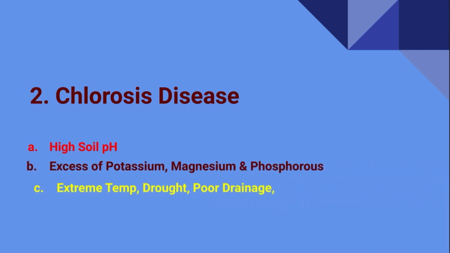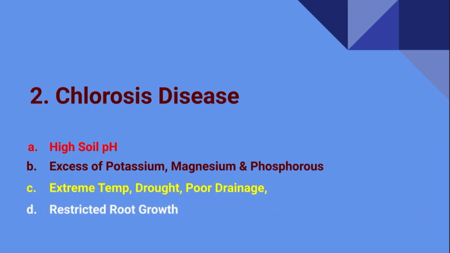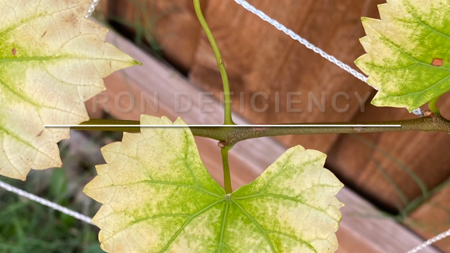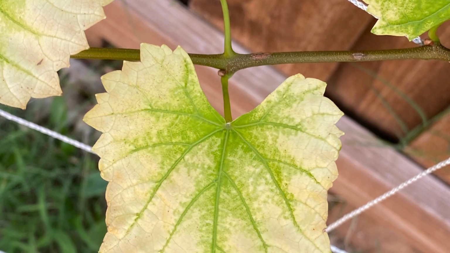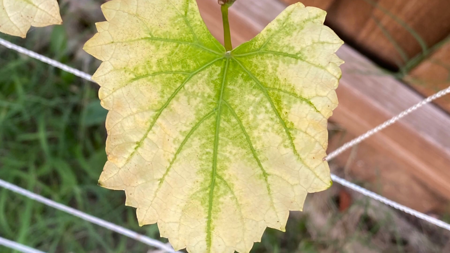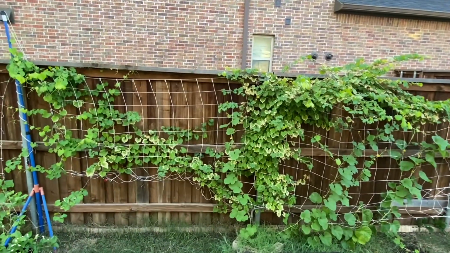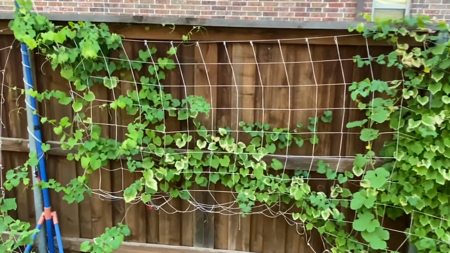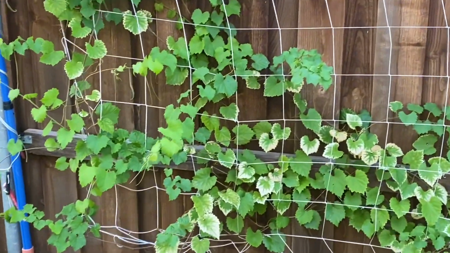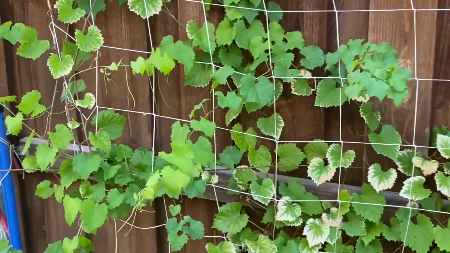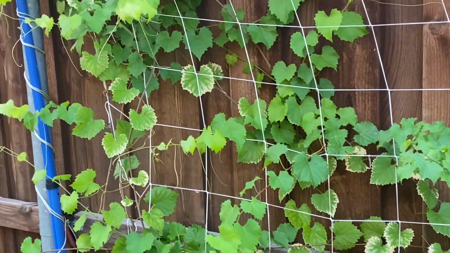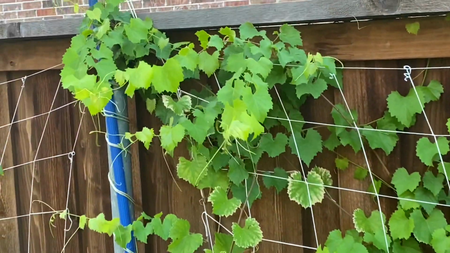Iron and manganese are needed by plants to form chlorophyll and to complete photosynthesis. When they are not available to plants, they get chlorosis disease. Even if you supply both iron and manganese to the soil, the roots won't take them up unless the original disease is due to lack of iron and manganese in the soil.